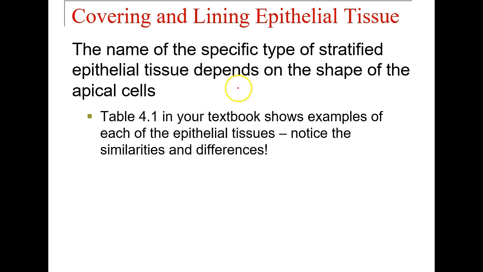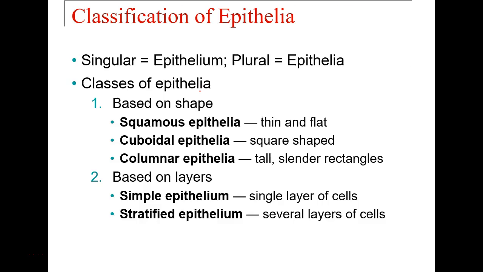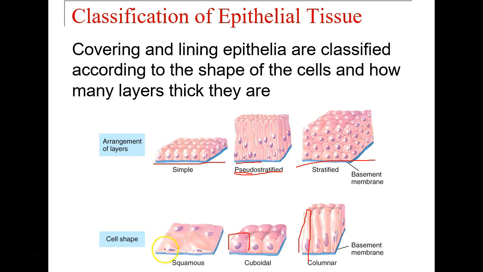Now, when you go to naming or seeing the name of a different tissue, the way they are named is the top layer, whatever shape it happens to be, is how it will be named. So if the top layer is going to be squamous, then no matter how many layers are beneath it, and if the bottom layer happens to be cuboidal, it will still be stratified squamous epithelium, meaning multiple layers of cells with the top layer being flat.